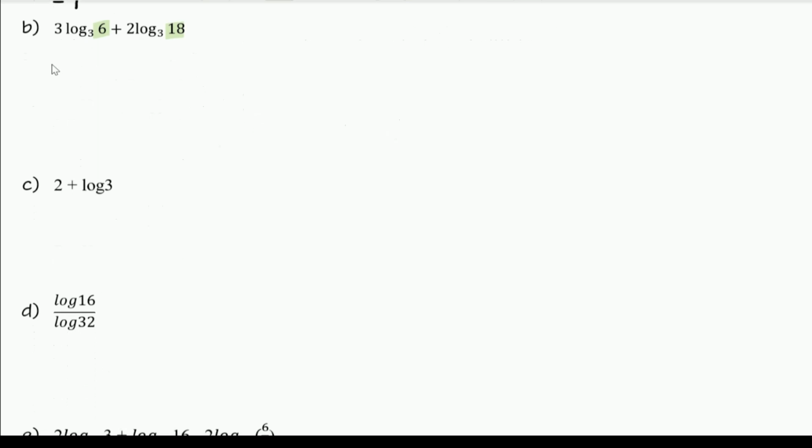And you might not know why just yet, but it will become a little bit more obvious later on as we move through this question here. So at the moment I've got 3 log base 3, and this I'm going to factorize as 2 times by 3, and this is going to be plus 2 log base 3 of 3 times 3 times by 2.